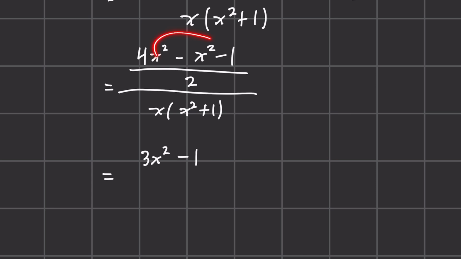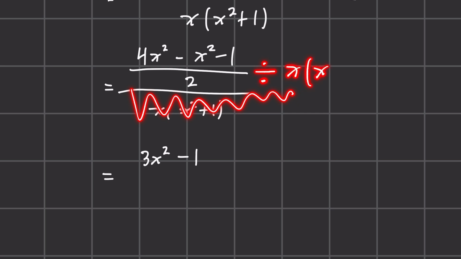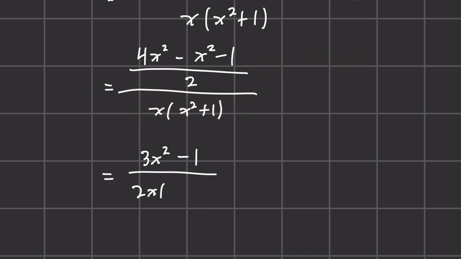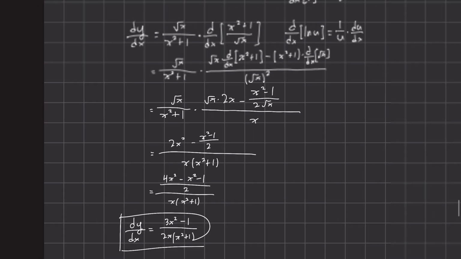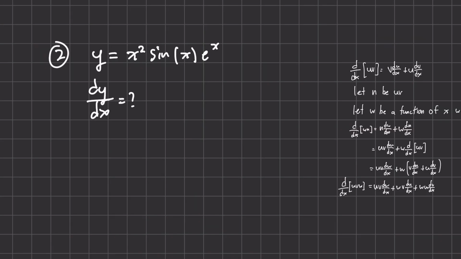And since it's this over this over this, it's the same thing as ignoring this and just doing division by our denominator. And so what does that mean? That means our final denominator can be written as this, because our 2 just goes there. And that will be your final answer.